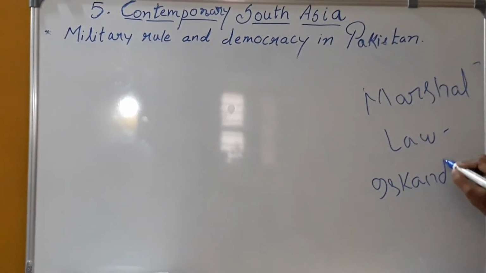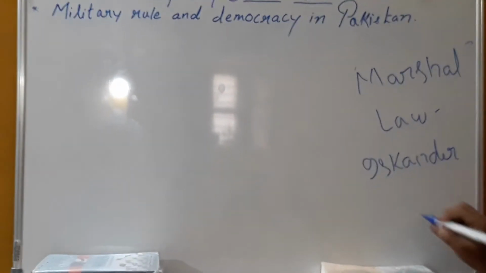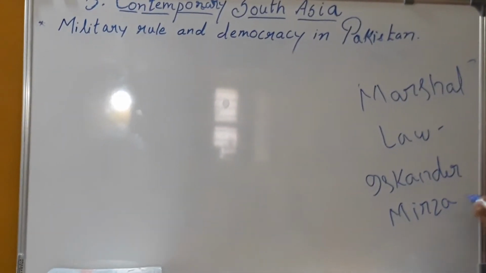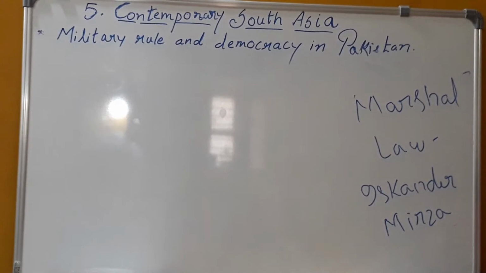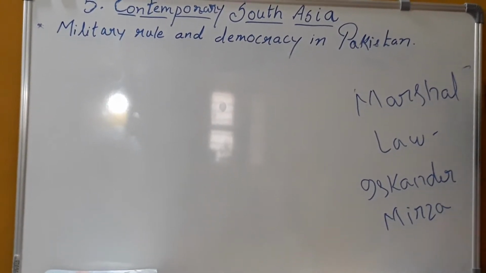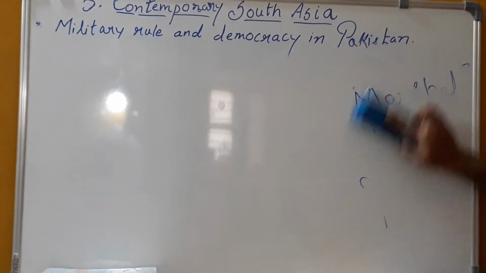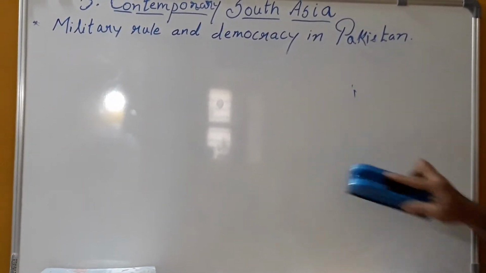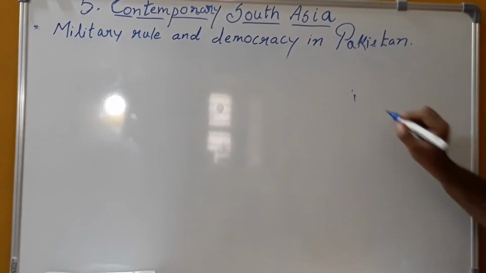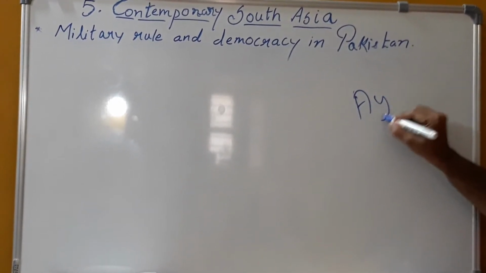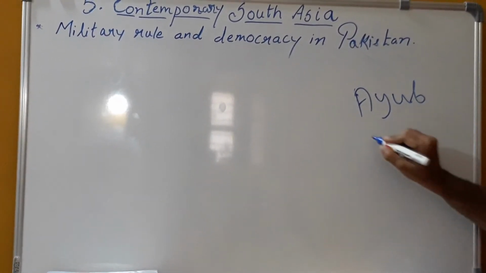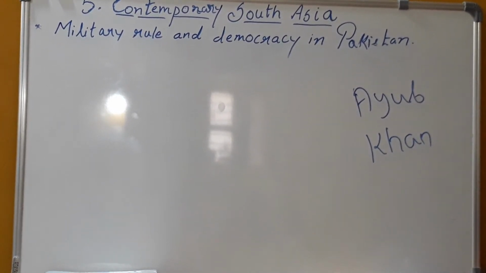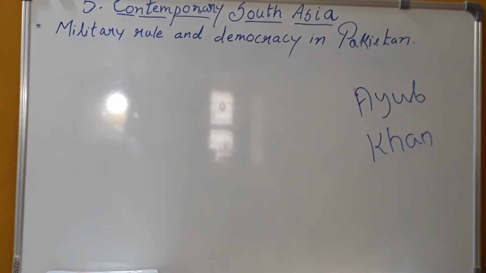Then it did not last for long, because in 1965 General Ayub Khan, who also belonged to the army, forcibly assumed the presidency from Iskandar Mirza. So Iskandar Mirza was the first president who himself came to power through a military coup, that is C-O-U-P, and even his power was taken over by General Ayub Khan.